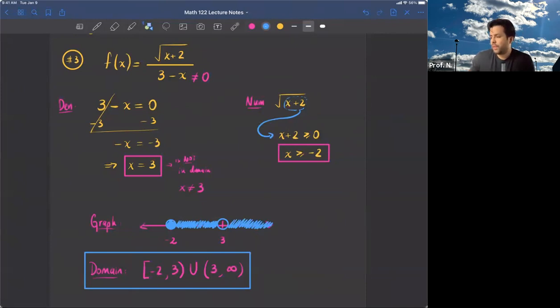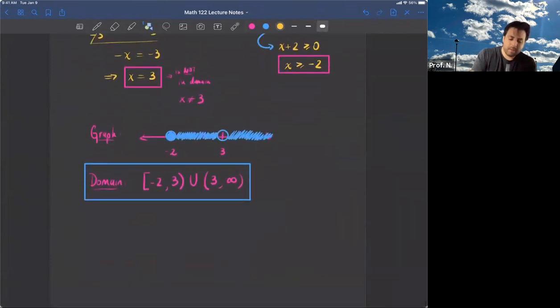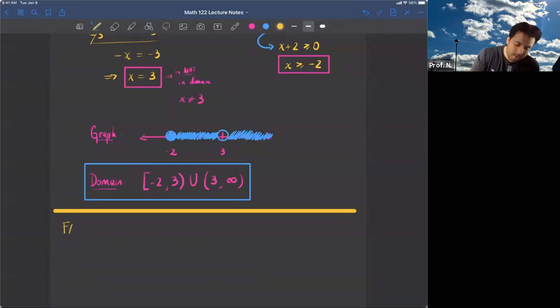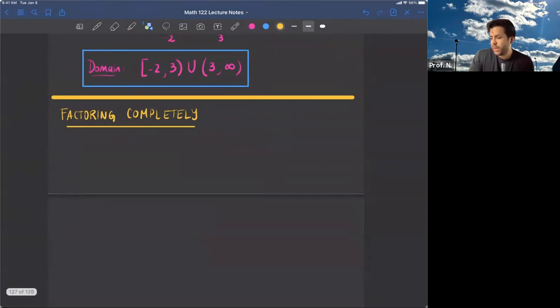Factoring number 3 and 5. So factoring completely. Okay. So if we're at the factoring section here, let's look at number 3.